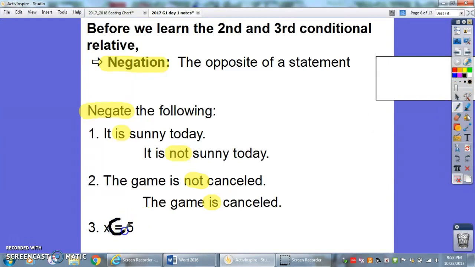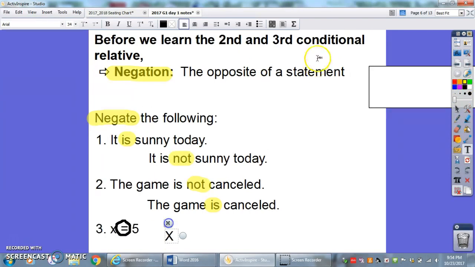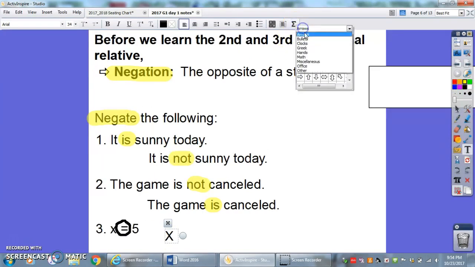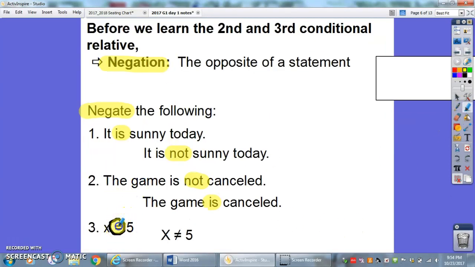You don't want to change the numbers around or do anything crazy. All you have to do is negate the equals. I'm going to show you what that symbol looks like. It's the not equal symbol, the equal sign with a slash through it. That would be the negation of an equation. You just change your equal sign.